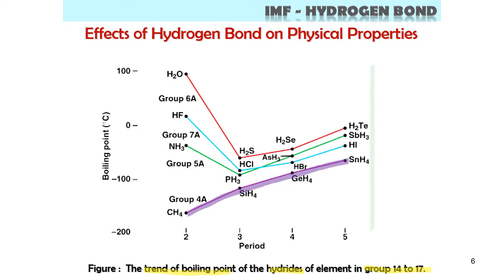For group 14, the trend increases nicely. But for certain elements, for example the water molecule, hydrogen fluoride and NH3, there will be deviation from the trend. Normally the boiling point increases as you go across the period. But then, why is there deviation for the water molecule, hydrogen fluoride and NH3? Why? We will look at it next.